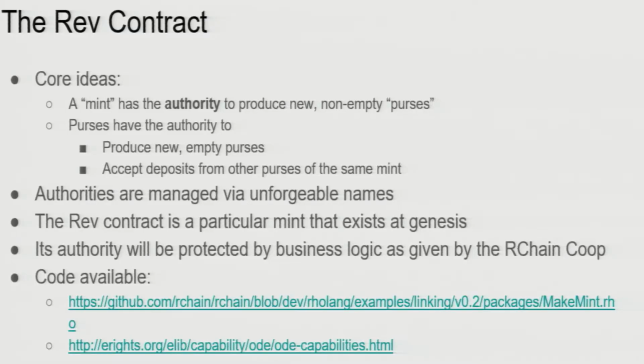And what's cool is there is actually code available that does all these things already. It's on GitHub. You can go look at it. The link is there. It's the makemint.rho. And it's based on the E programming language sample, where these object capabilities ideas are also talked about in more detail. And that link is given there.